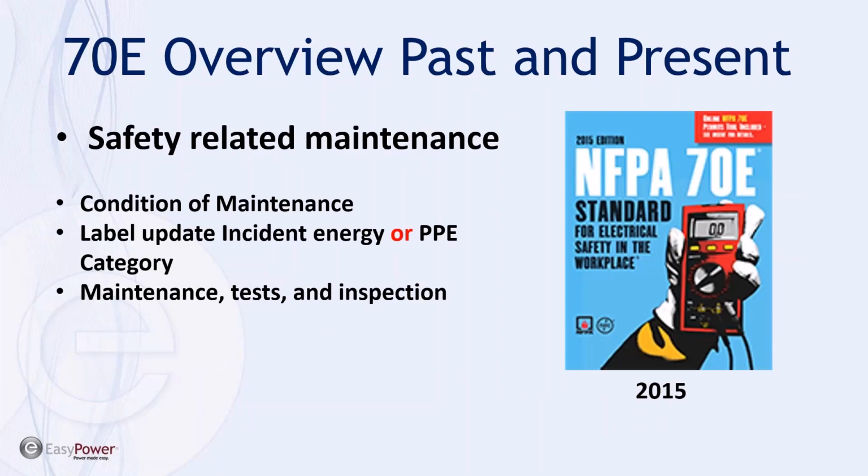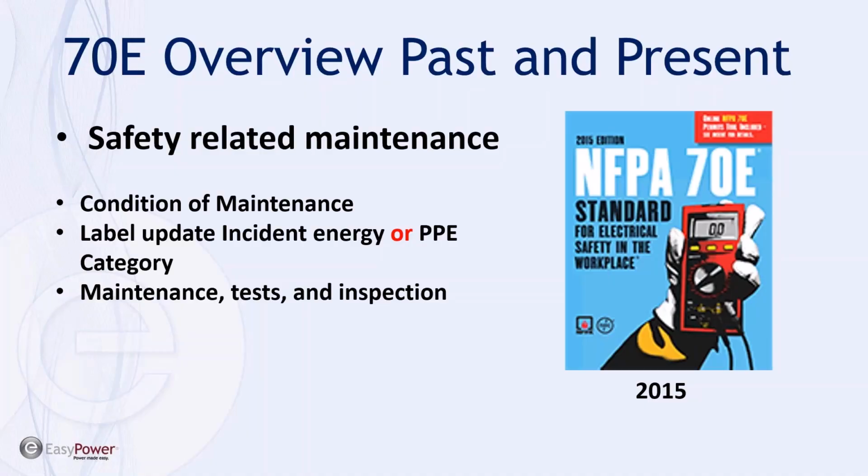The 2015 standard marked a major shift into this role of safety-related maintenance. Condition of maintenance, the labeling of incident energy, and maintenance tests and inspections were indeed new references within that 2015 edition.